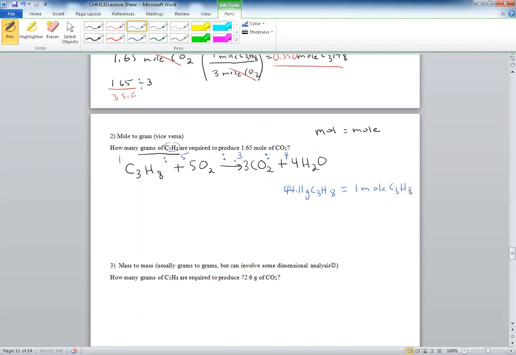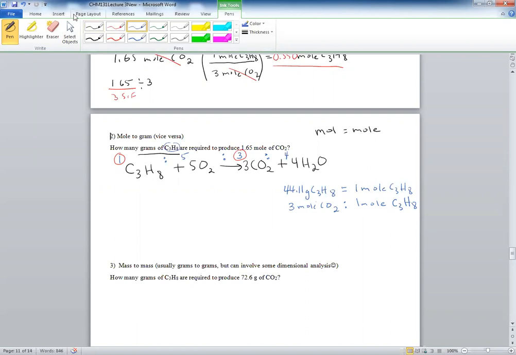And then, since you are going from one compound to another, that numerical relationship has to involve the mole ratio. So in this case, the ratio of CO2 to C3H8, as in the last problem, is 3 to 1. So now we have 3 moles of CO2 to 1 mole of C3H8.